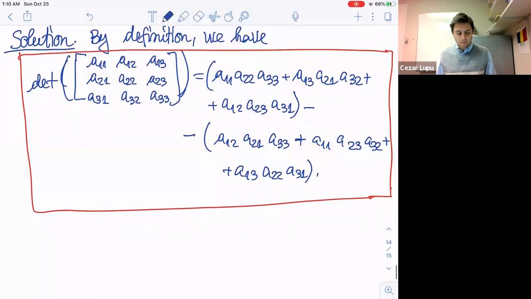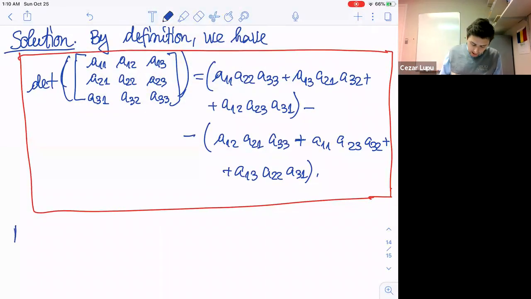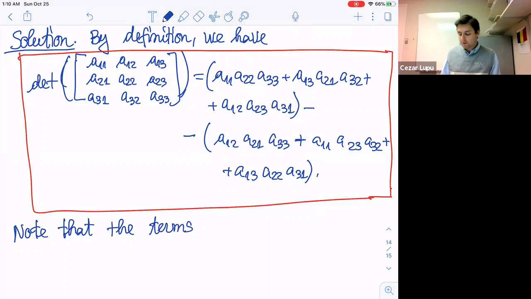All right, now let's point out the following remarks. Note the terms: if you look at these terms here, basically they're products of 3 entries.